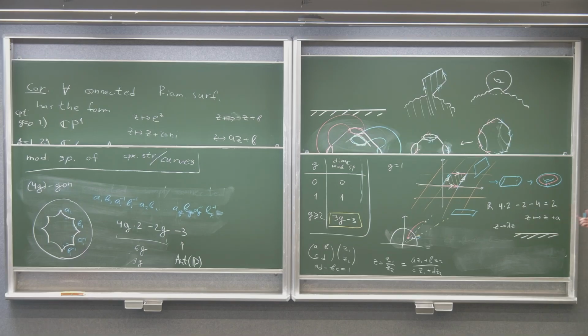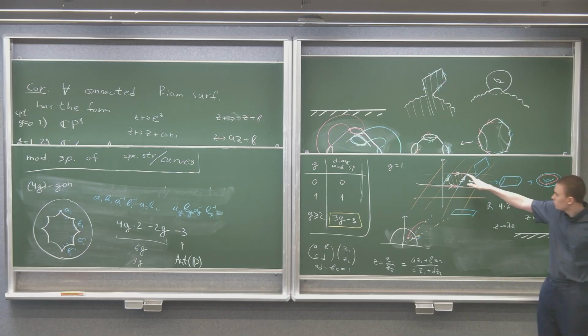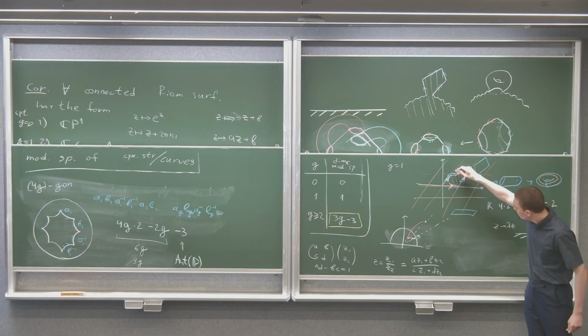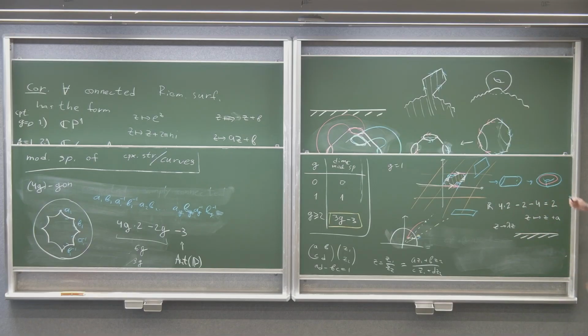So basically the moral is that all of these angles add up here to form 2 pi. Otherwise there would be a convex singularity here.